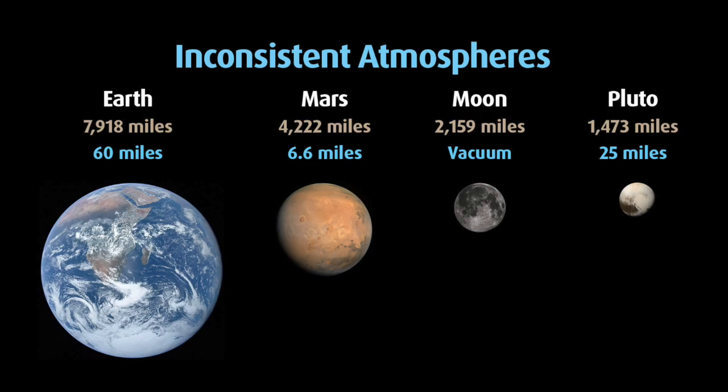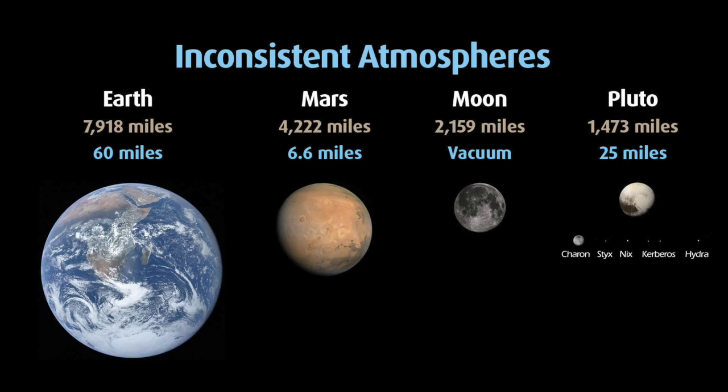The moon is about a quarter of the diameter of the Earth. It is a vacuum. It has no atmosphere at all. But Pluto, which is actually smaller than the moon, has an atmosphere that's 25 miles thick. How does that make any sense?